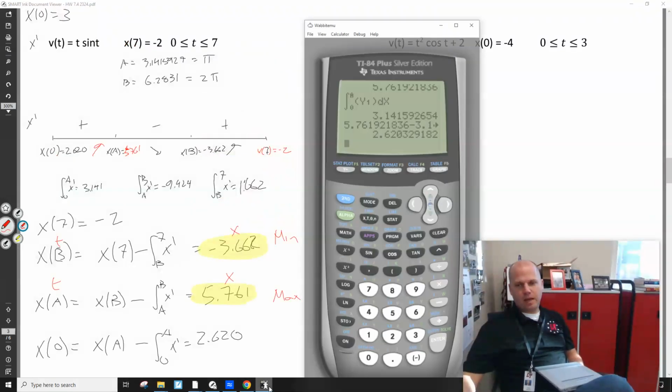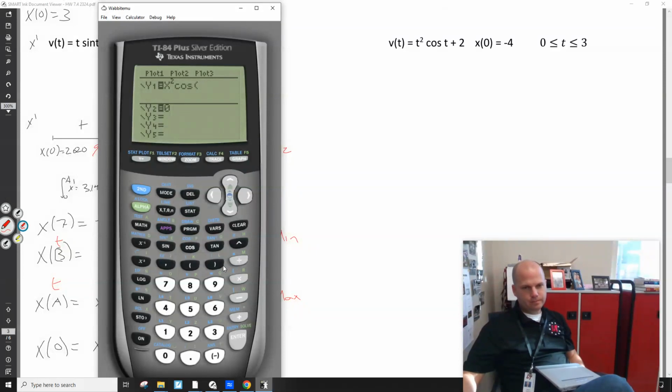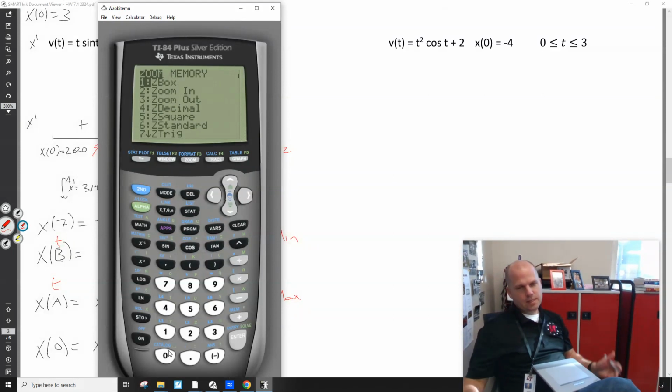Come on, Mr. Messner. Please tell me one sign change. Who made this homework anyways? What are you trying to do to us? Zero to 3. Zoom fit.